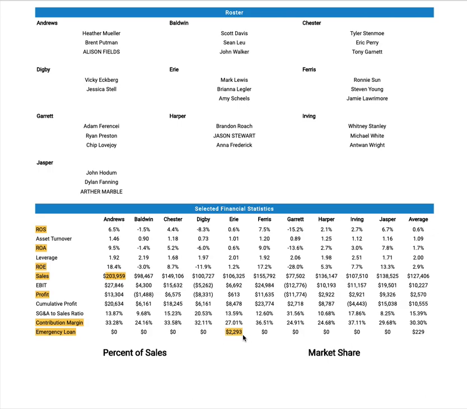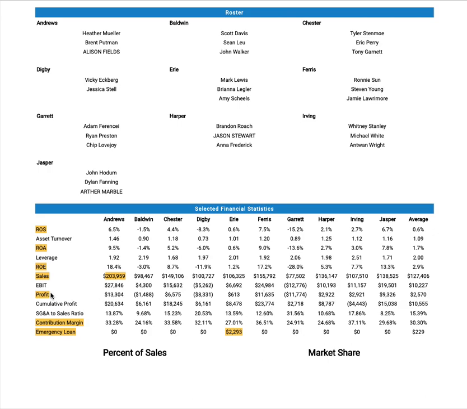Here it's not really a huge amount, but for an emergency loan you have to pay a very high interest rate, extremely high, because that is 7.5% higher than the current debt rate. So again, don't panic and just get together with your team.